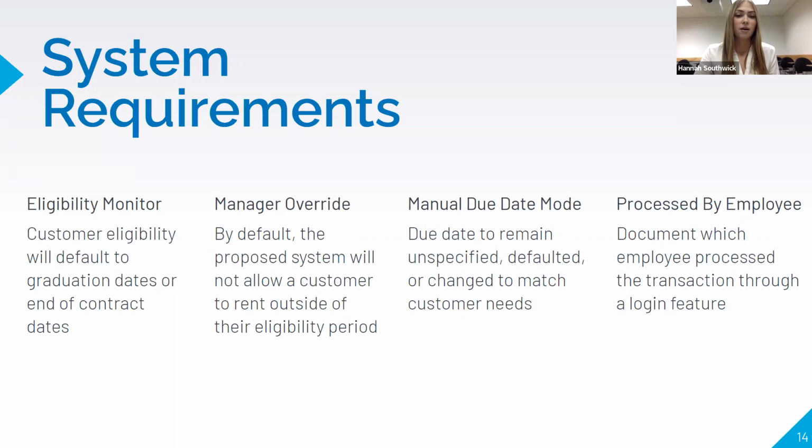We also have a manager override, which will be used whenever the employee or the customer has a need to rent out one of the items outside of their eligibility period. This could happen because of the way that the system records adjunct faculty dates.